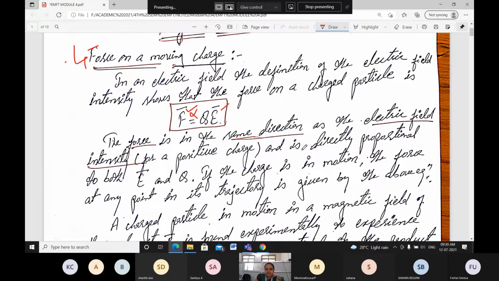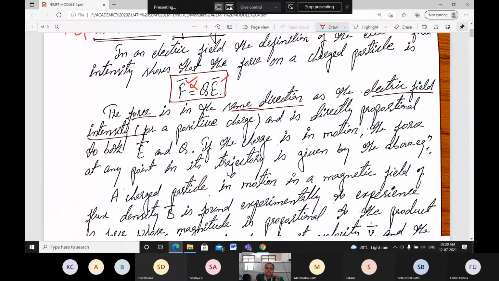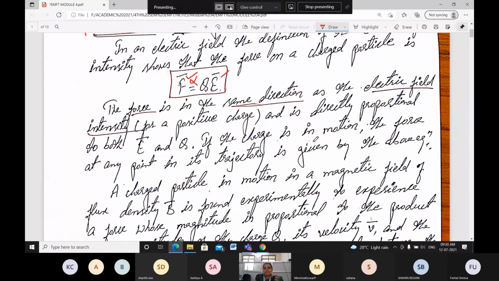It is directly proportional to both the electric field intensity and the charge. Then if the charge is in motion, the force at any point in its trajectory is given by the same equation.